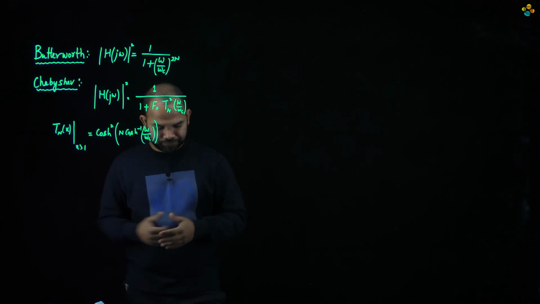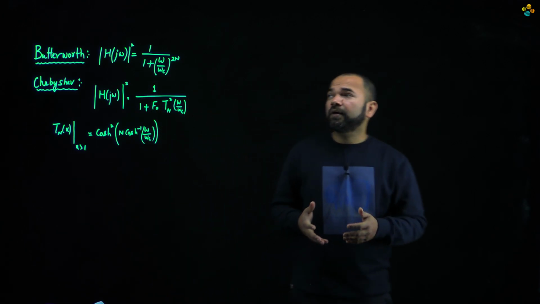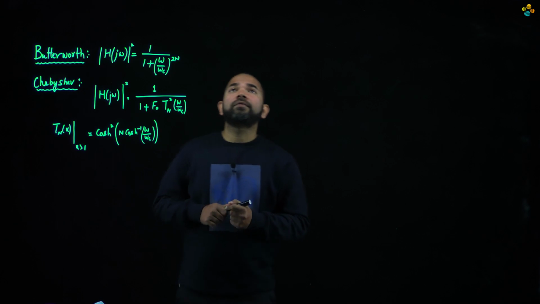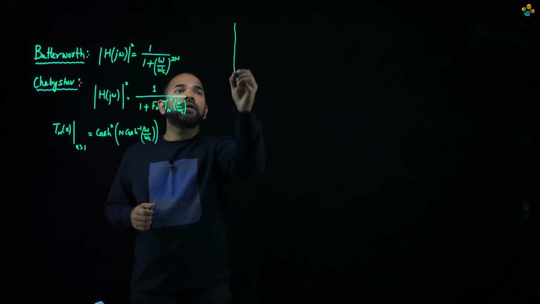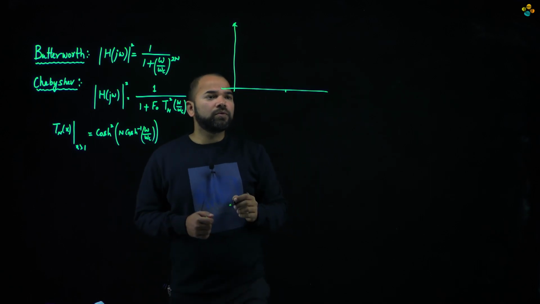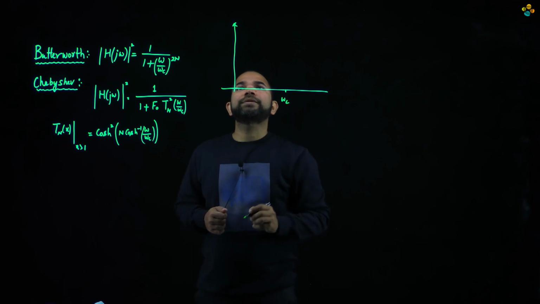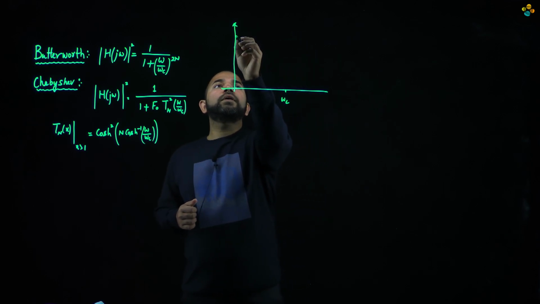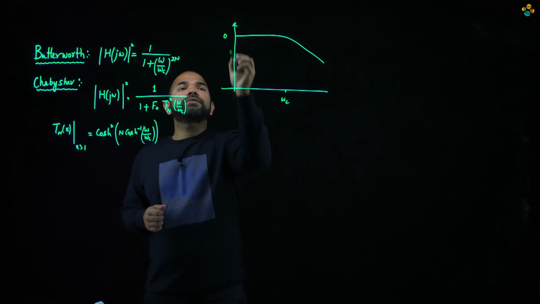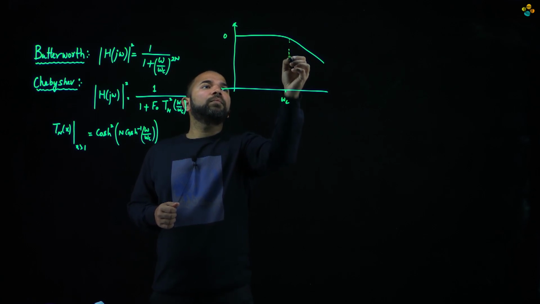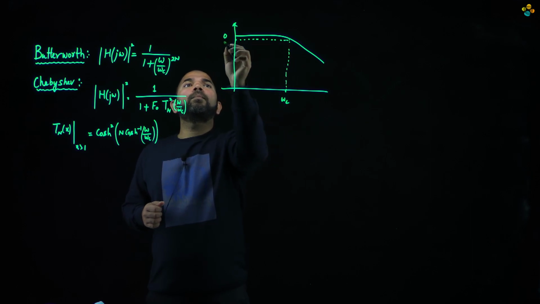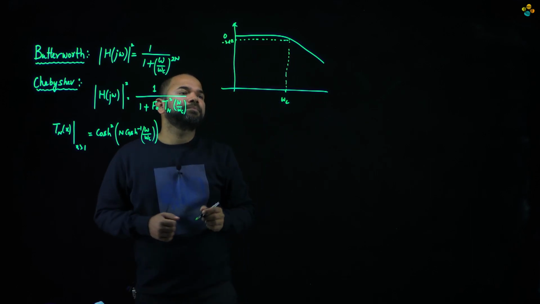So, let's consider solving for a similar roll-off. Suppose you have a low-pass filter, and suppose you have this as your cutoff frequency, and then it has this kind of response. So this is your 0 dB and this is approximately minus 3 dB.